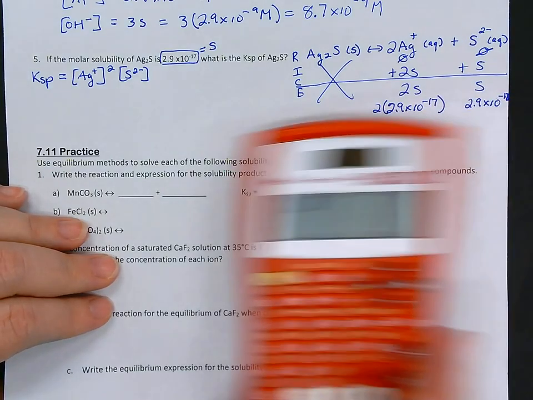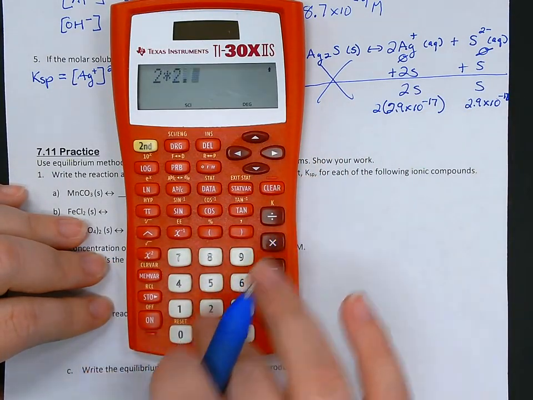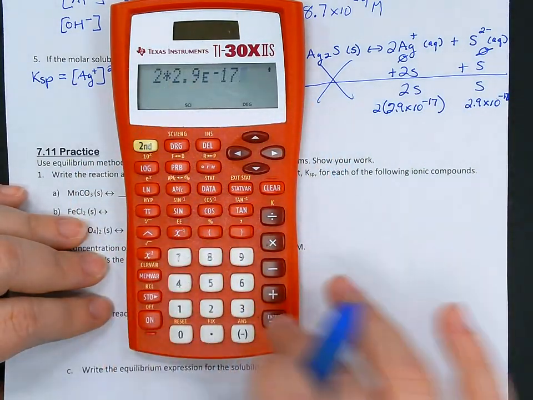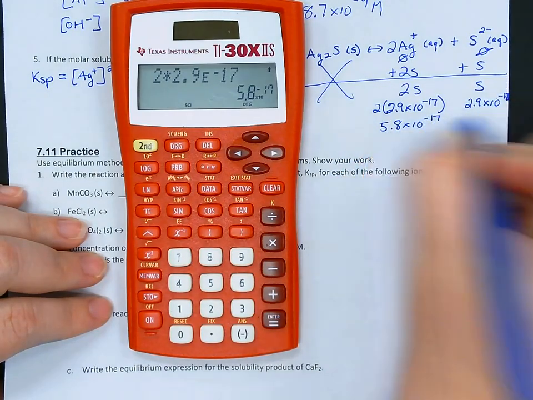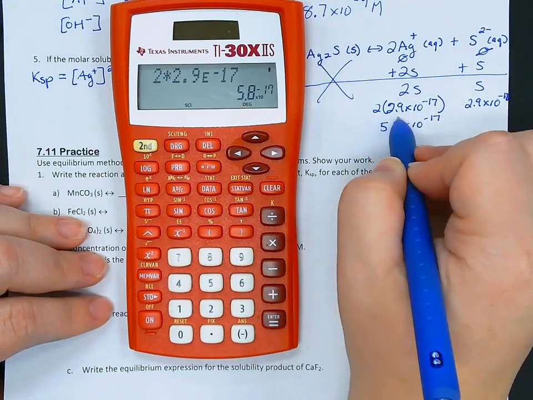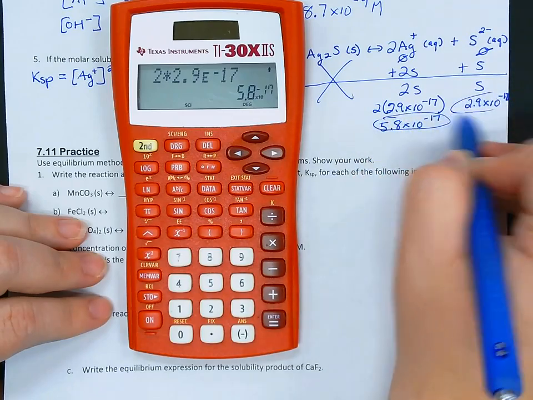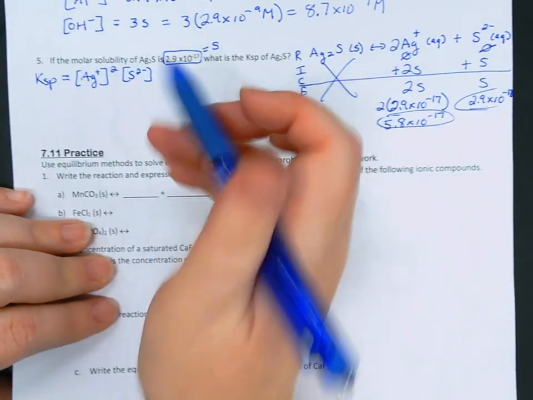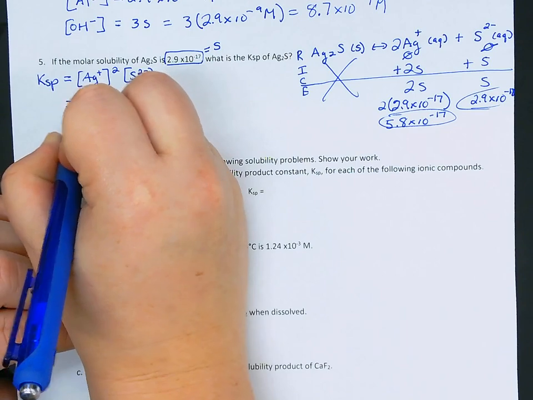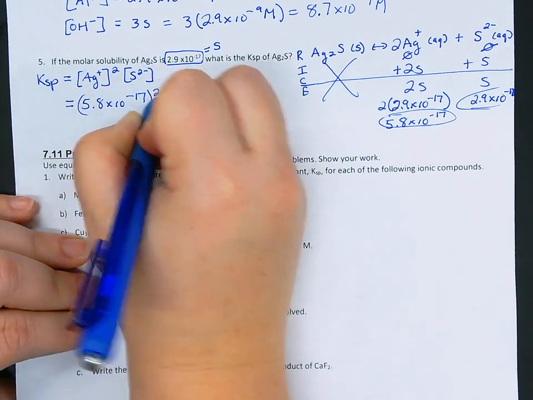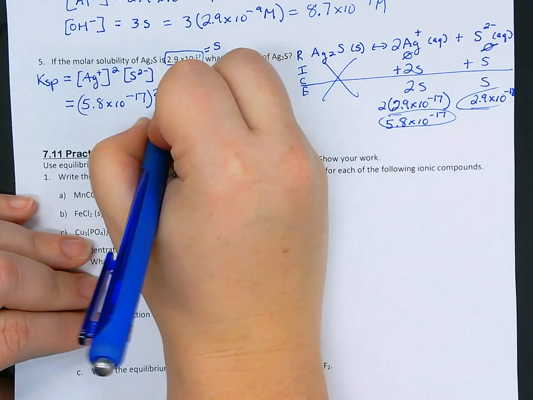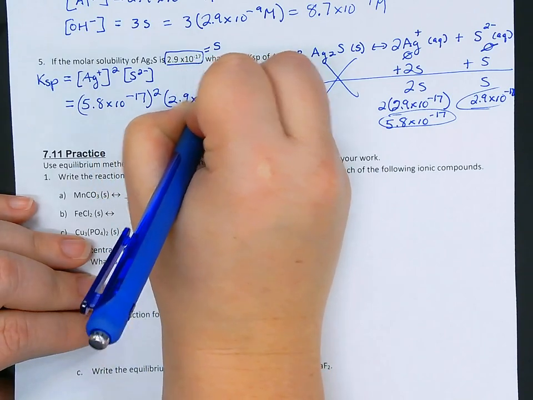Okay, so 2 times 2.9 times 10 to the negative 17th gives me 5.8 times 10 to the negative 17th. So these are the two values that we want to plug in to find our KSP. 5.8 times 10 to the negative 17th. We're going to square that. Sulfur, we've got 2.9 times 10 to the negative 17th.